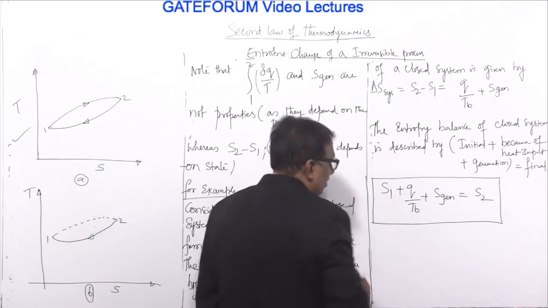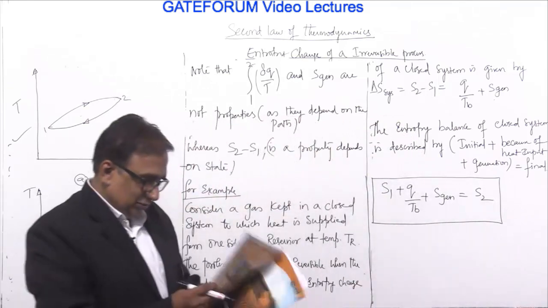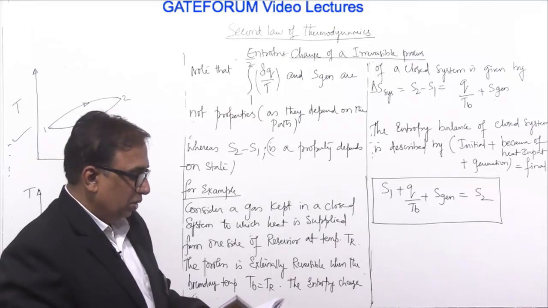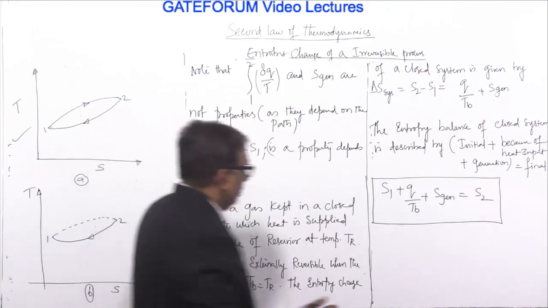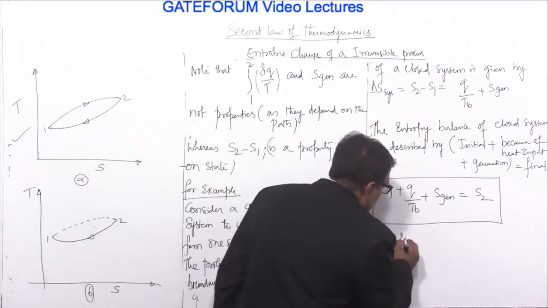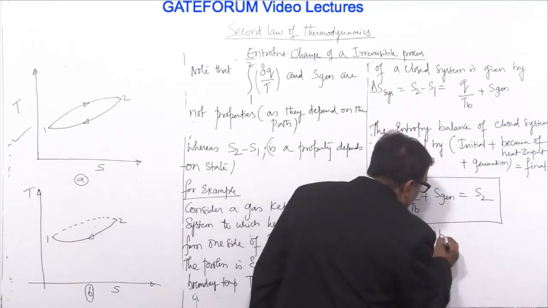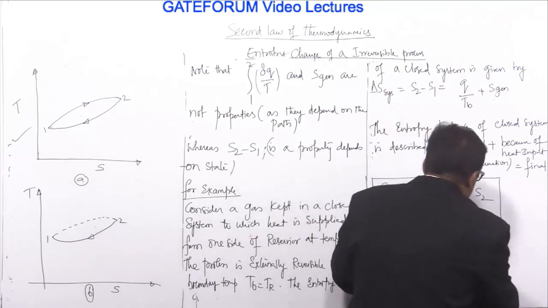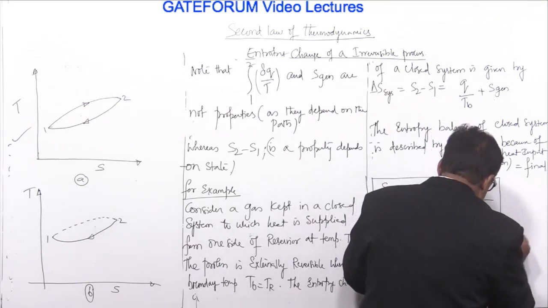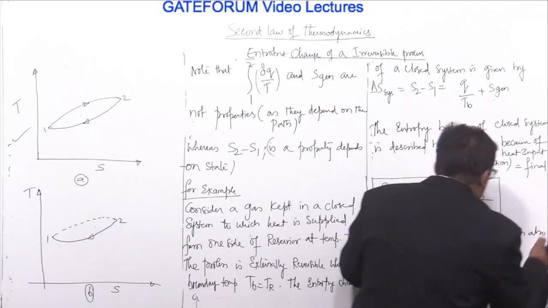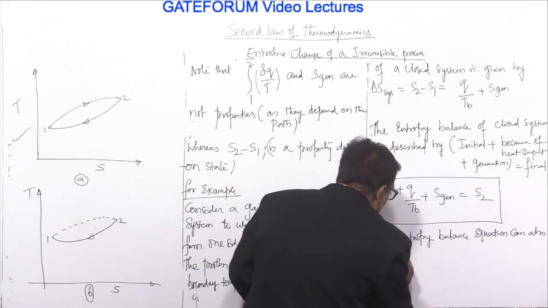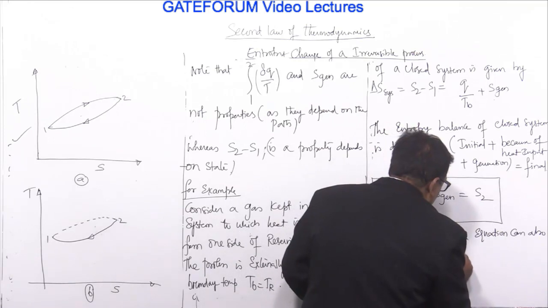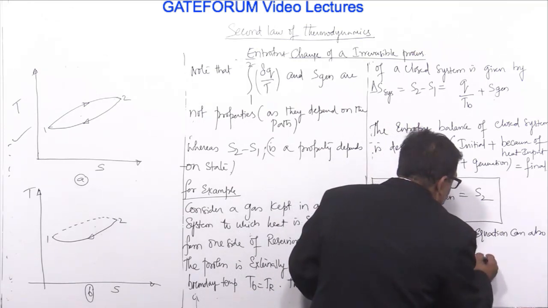So this is the entropy balance for a closed system. The entropy balance equation can also be expressed in rate form.